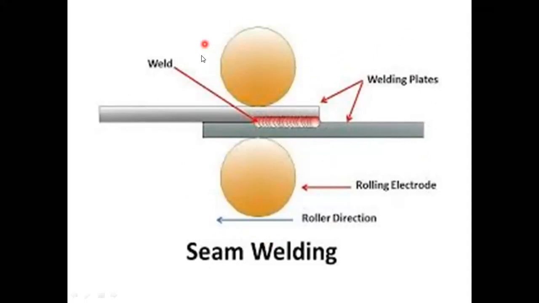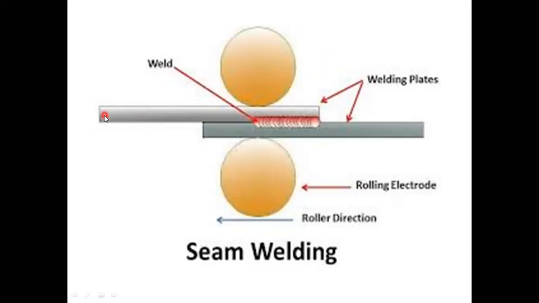The lower portion is fixed, and the upper portion is adjustable up and down. These two rollers can rotate on their axis. What happens whenever we provide some electricity and it starts to rotate?